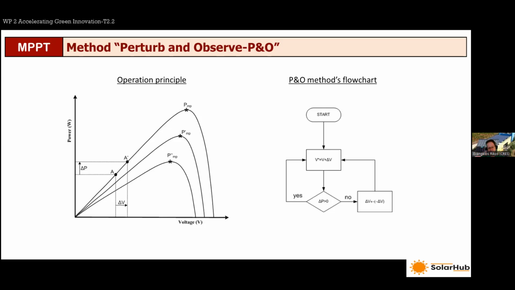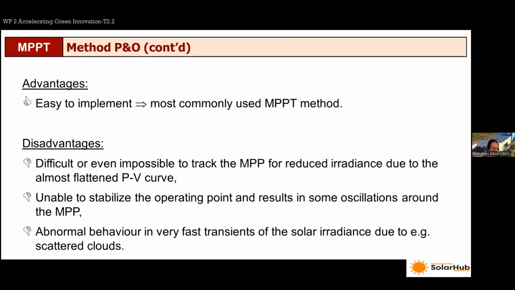Based on this simplified approach, it's easy to understand that, first of all, this method is very easy to implement. That's why it's the most widely used MPPT method, but it has disadvantages.